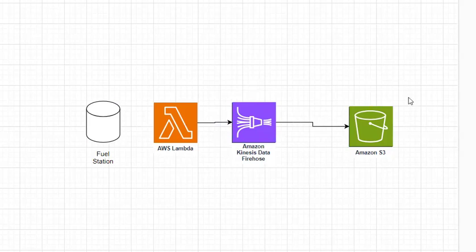So after storing my data in S3, I need to analyze that data, right? I need to know which fuel station's fuel status is less than expected. Yes, you can analyze that.